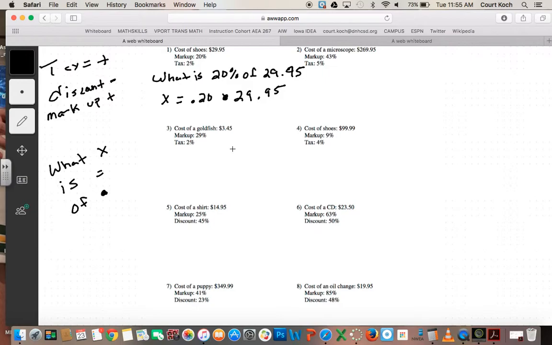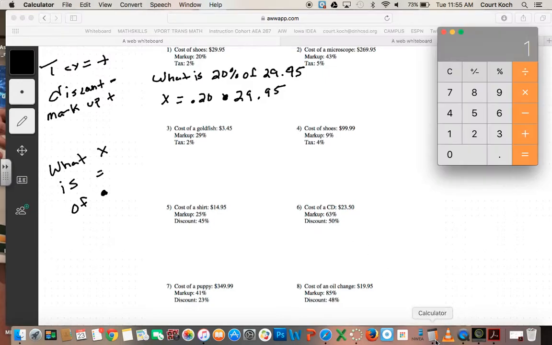29.95, and I'm going to pull up the calculator, and I'm going to go 0.20 times 29.95, and I get $5.99. I have to think of this as money.